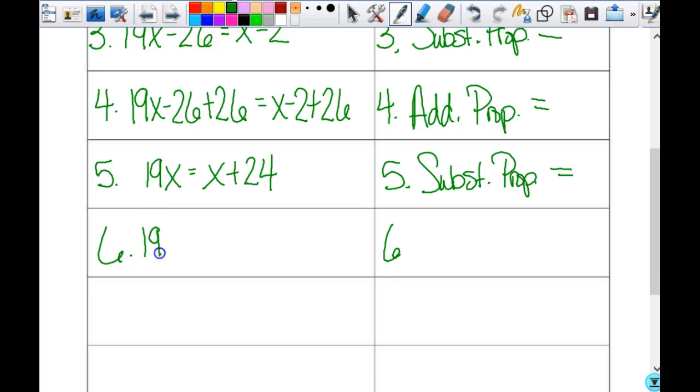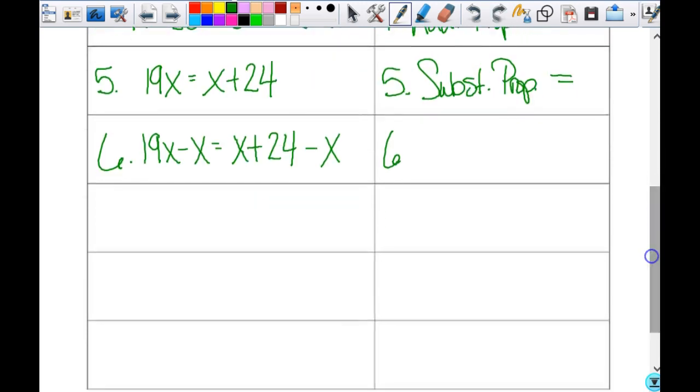So 19x minus x plus 24. Yes, and I just heard somebody say x minus x plus 24, which is fine. You don't have to put that at the end. You can put it next to whatever it's going to cancel out with. That is totally okay. Whatever order is absolutely fine. And so that makes this the subtraction property of equality.